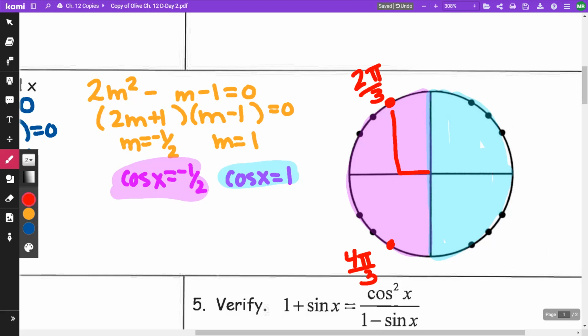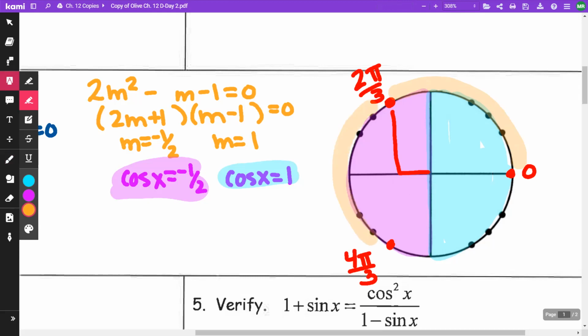Now let me get my cosine x equal 1. So my cosine x equals 1 is going to be right here at 0. Now, what you do want to kind of take a look at is to see, hey, can I get from here to here, and then to here, and then to here using the same amount?